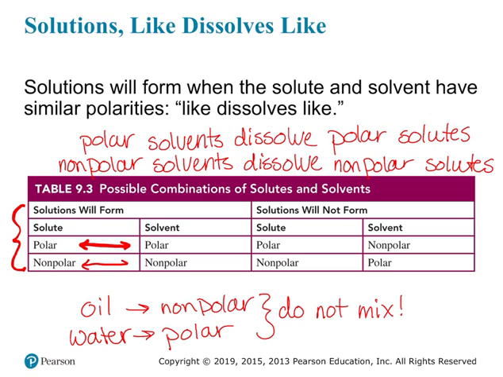And nonpolar and nonpolar will dissolve in each other, and so a solution will form. But if you have a polar and nonpolar solute and solvent, that's not going to form a solution, and vice versa. So you have to have the same type of solute and the same type of solvent in order for a mixture to occur.